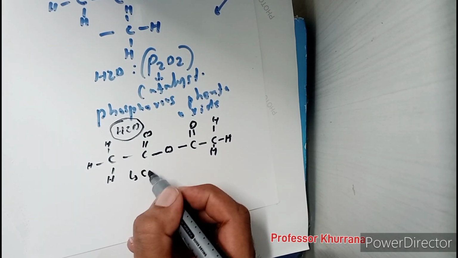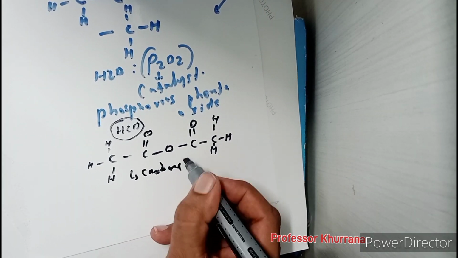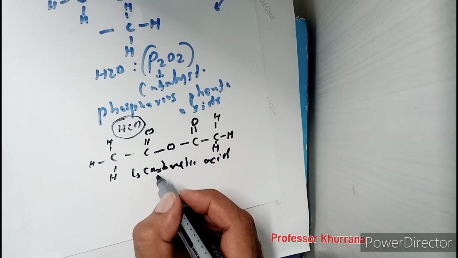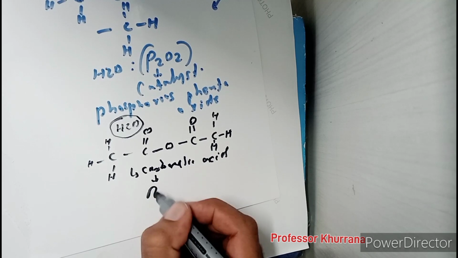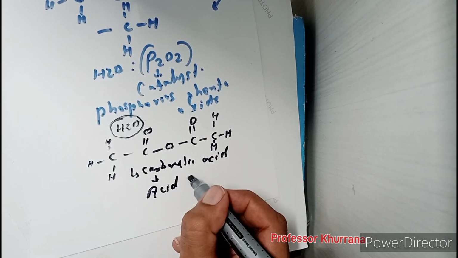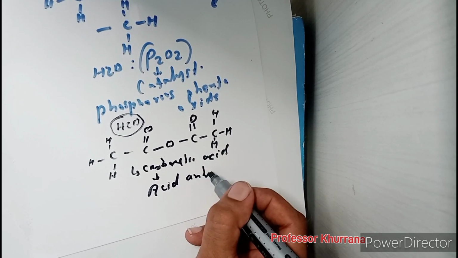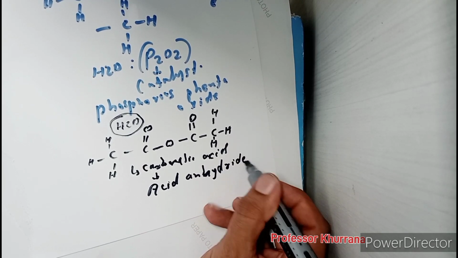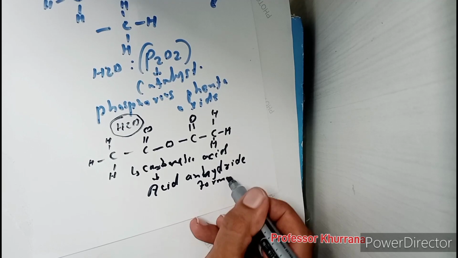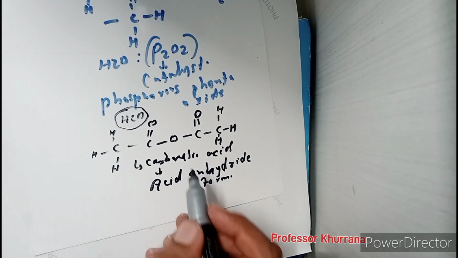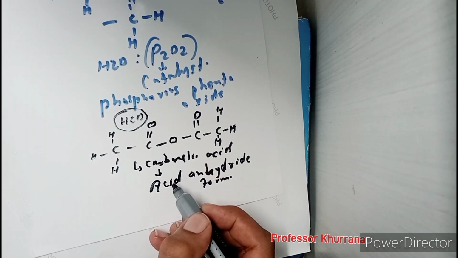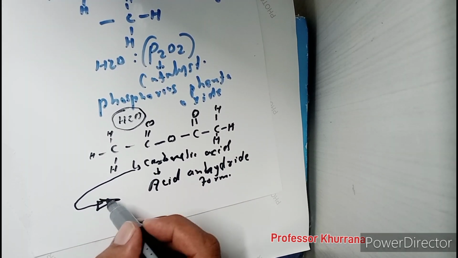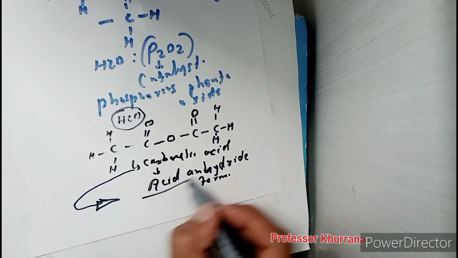So carboxylic acid is converted to acid anhydride form. It means that acid anhydride is a derivative of carboxylic acid.